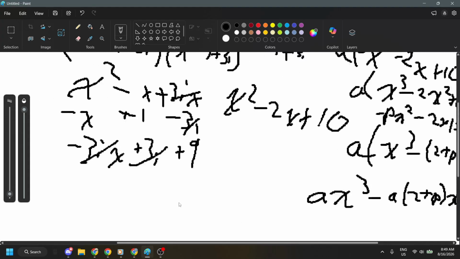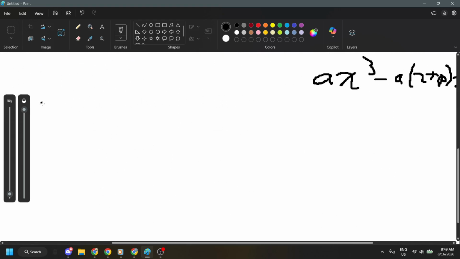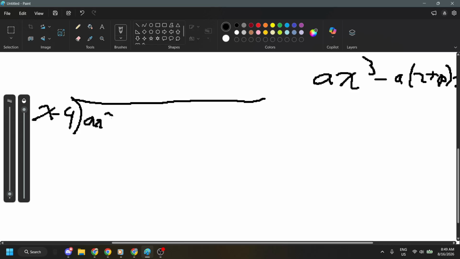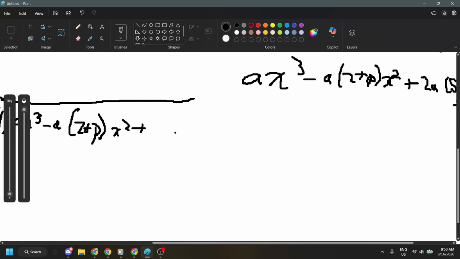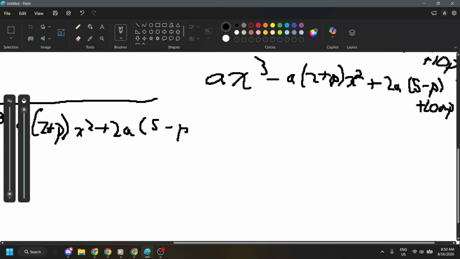Okay. Now we need to divide this by x minus 4. So we have x minus 4 dividing ax cubed minus a times 2 plus p x squared plus 2a times 5 minus p x plus 10ap.